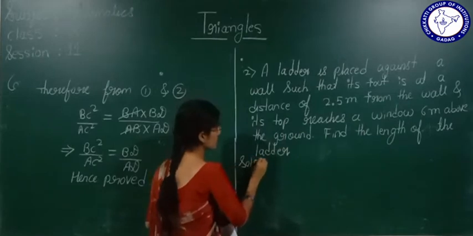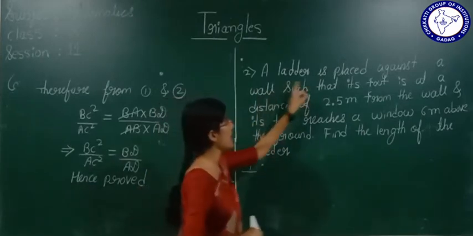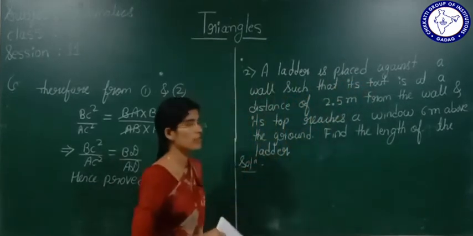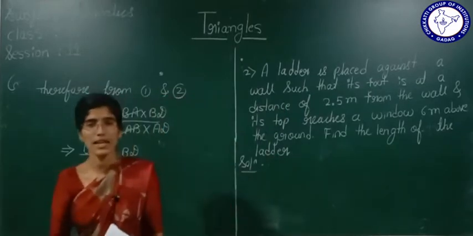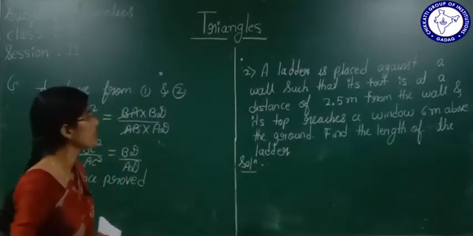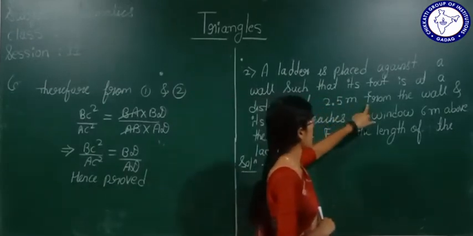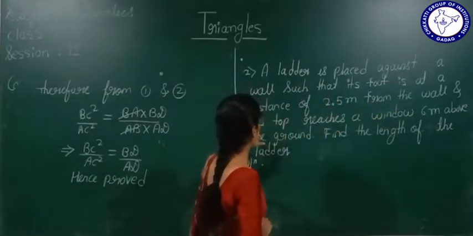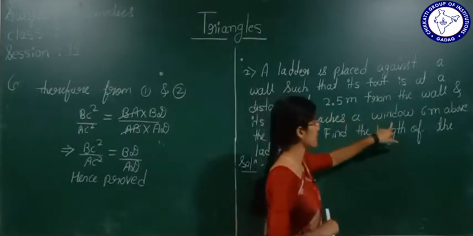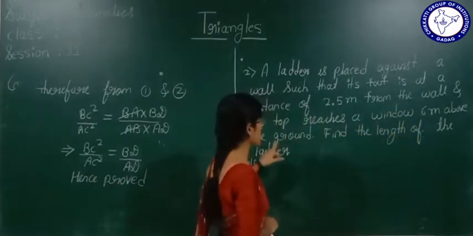Now see students, the question was, a ladder is placed against a wall. One ladder is there that is placed against a wall such that its foot is at a distance of 2.5 meter from the wall and its top reaches a window 6 meter above the ground.